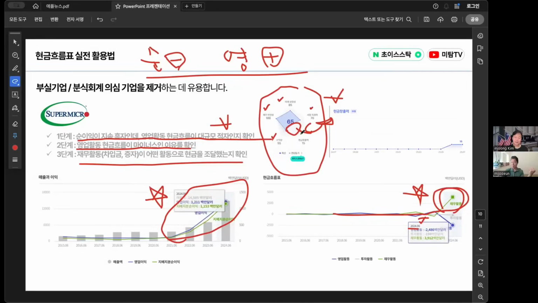For financial companies like banks or investment firms, what would be considered their main business? Their main activity is raising funds and lending them out. So, would this activity be considered a financing activity or an operating activity? According to general accounting standards, it's considered a financing activity.